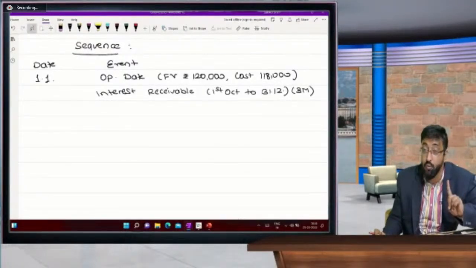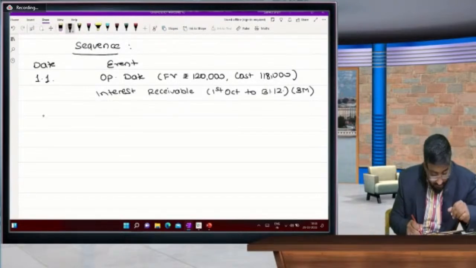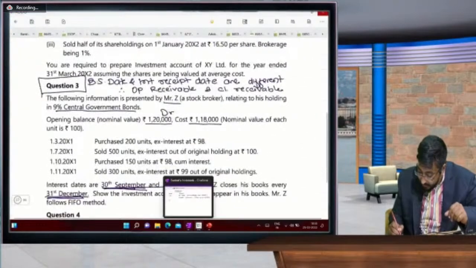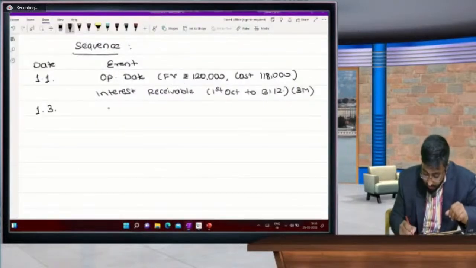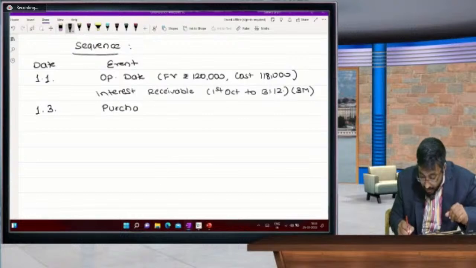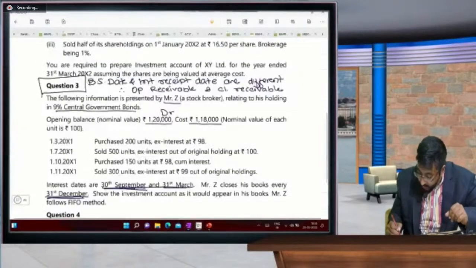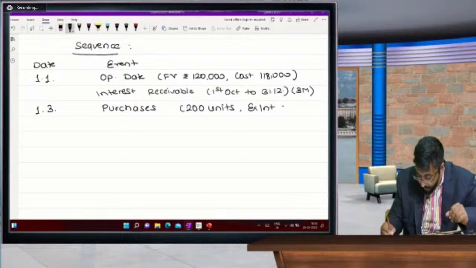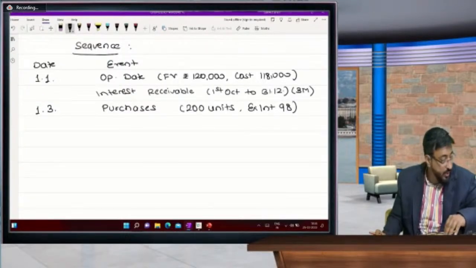I'm going to give you one problem for your own solving. I'm taking one problem and you are going to solve one more problem based on this concept. Okay? Yes, beta. After 1st January, next date is 1st March. Purchases. How many units? 200 units. And what is ex-interest? 98. Now tell me.